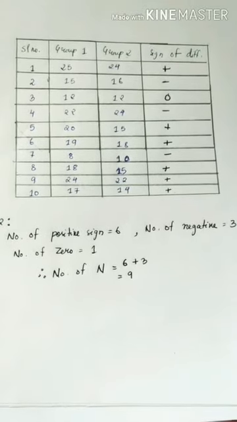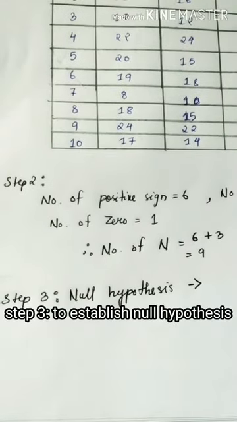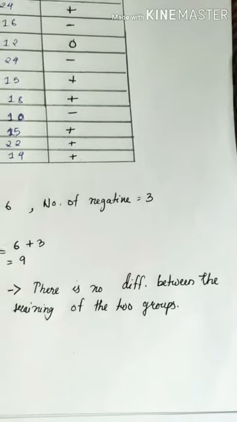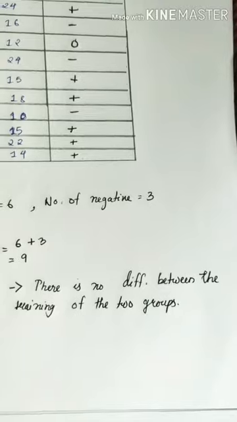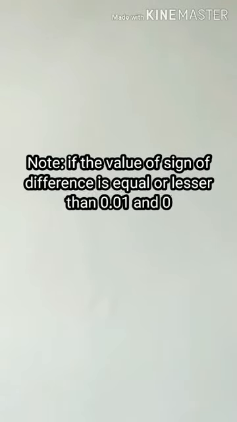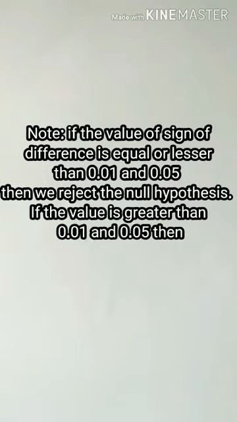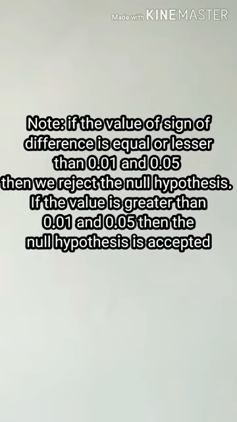Now that we know the sample size, the next step is to establish the null hypothesis, which states that there is no difference between the training of the two groups. An important reminder is that if the value of the sign of differences is equal to or lesser than 0.01 and 0.05, then we reject the null hypothesis, and if it is greater than 0.01 and 0.05, then we accept the null hypothesis.